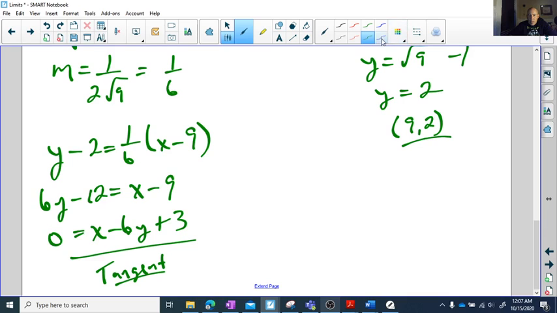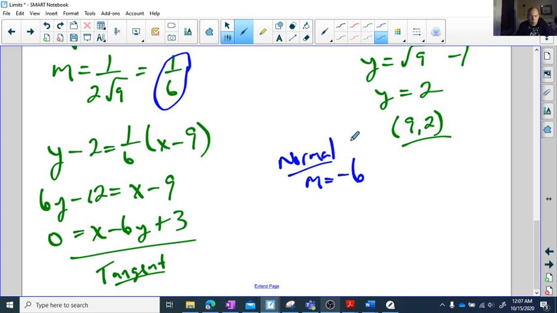And I'm going to do it again to do the normal. But I don't got to do all this work over again. The only thing I got to change is this. So that's the slope of the tangent. The normal has a negative reciprocal slope. So the negative reciprocal of 1 over 6 is negative 6 over 1. So there's my slope. Same point, right? It just cuts through the point at a right angle instead.